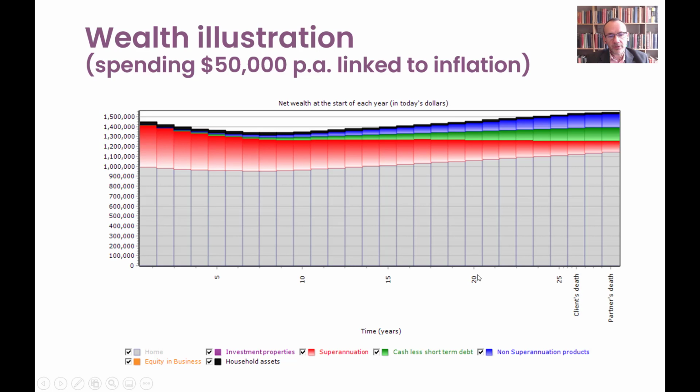Now this one's the wealth illustration. Again, the horizontal axis is showing how many years they are into retirement. But here, the chart is showing the different assets they've got. So what's the value of their house and superannuation and cash and any shares they buy? The grey is showing the value of their home, which, as we saw, was $1 million now.